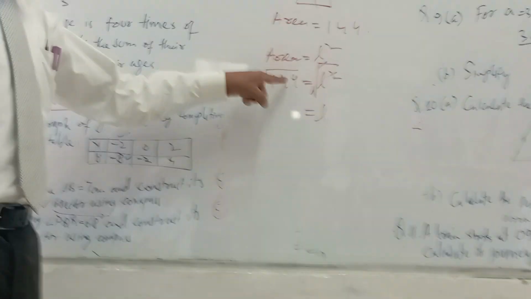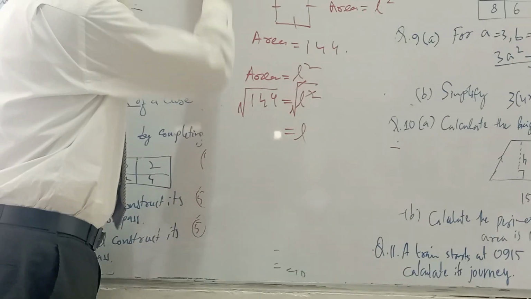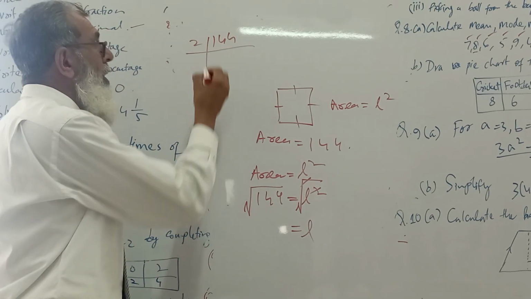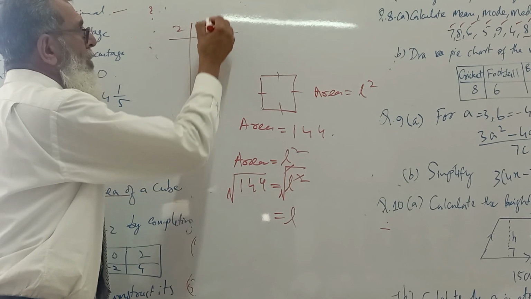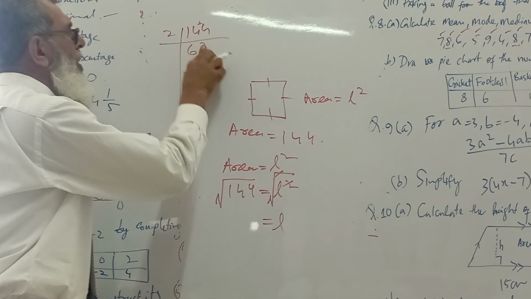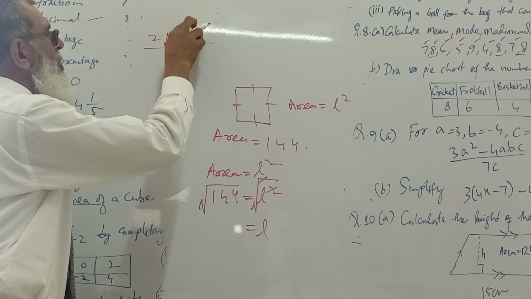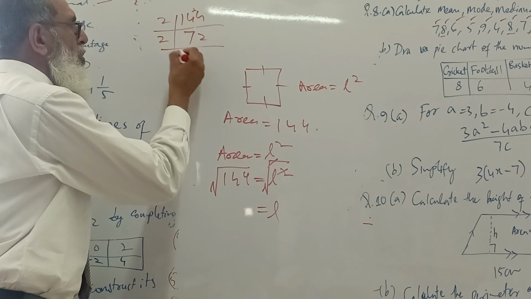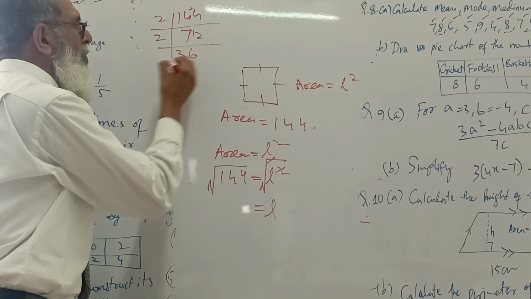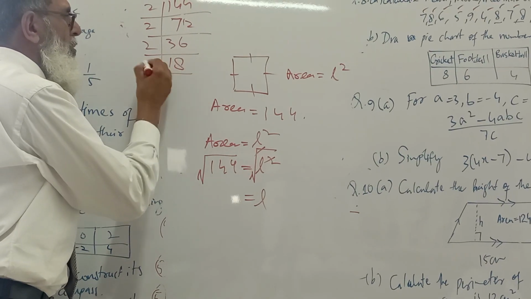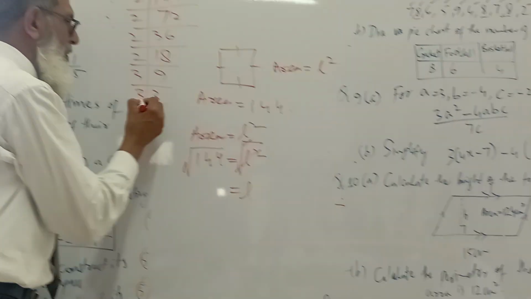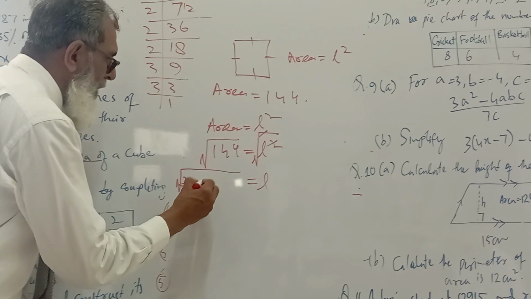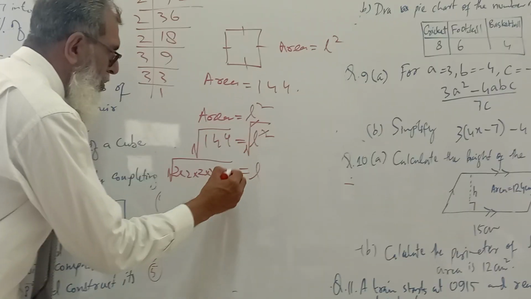The square root of 144, if you don't know it, you can find by factorization. 144 divided by 2 is 72, then 36, then 18, then 9, then 3, then 1. So we can write it as square root of 2 times 2 times 2 times 2 times 3 times 3.